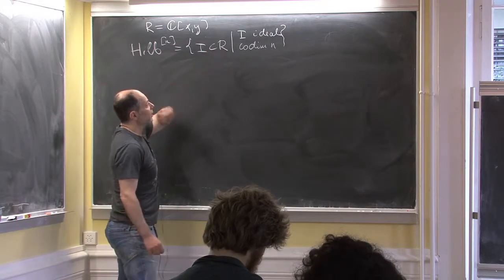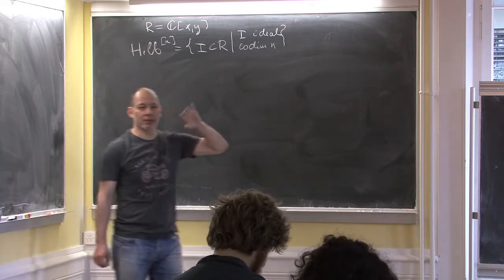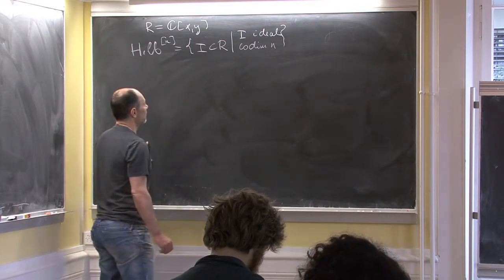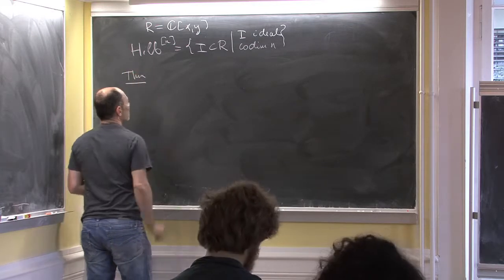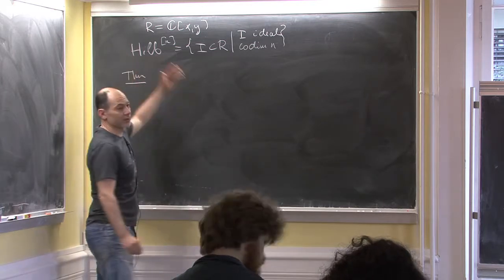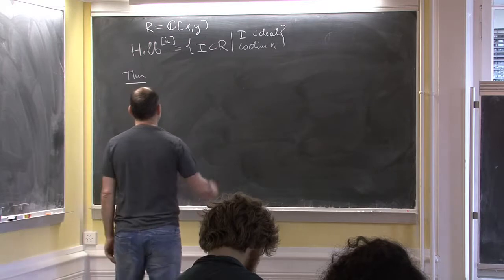The basic point of view is that I just recall the basic theorem that we have, that we can think of this as a smooth Grassmannian. I mean, amazingly, this looks like a smooth Grassmannian.